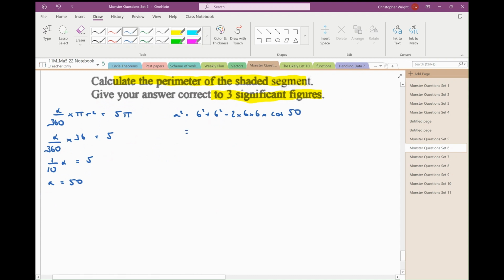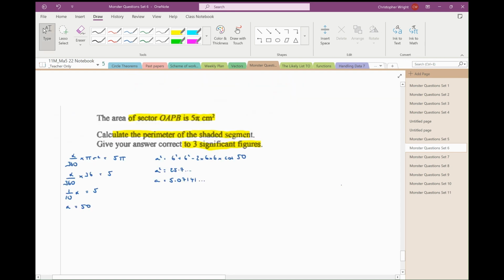Right, so into my calculator goes 6 squared plus 6 squared is 72 minus 2 times 36 times cos 50. That gives me an a squared of about 25.7 and so on. And so a is the square root of that, which is 5.07141 and so on.